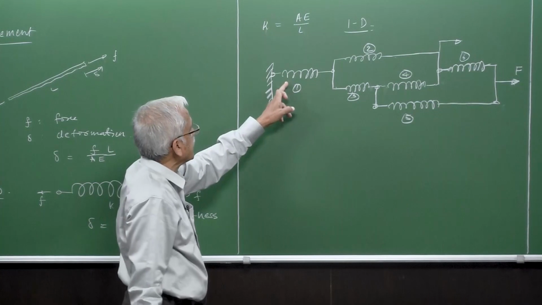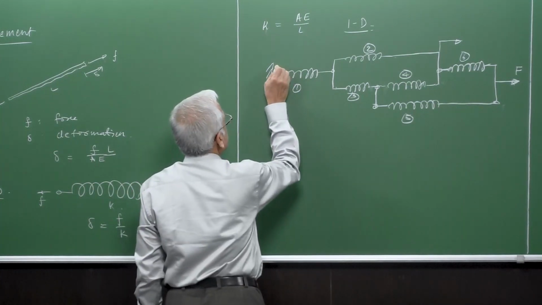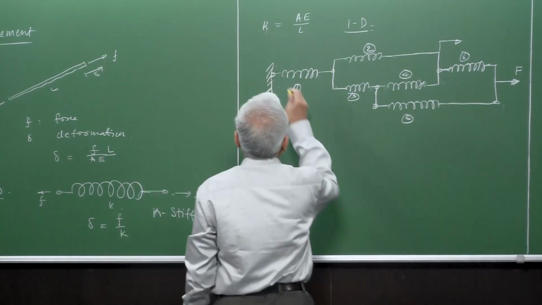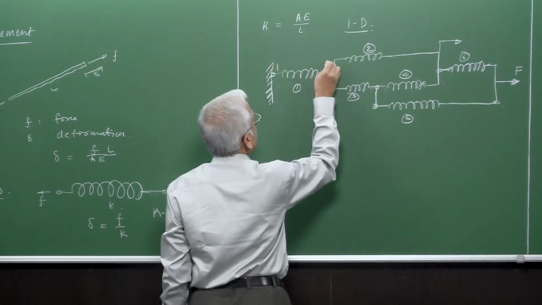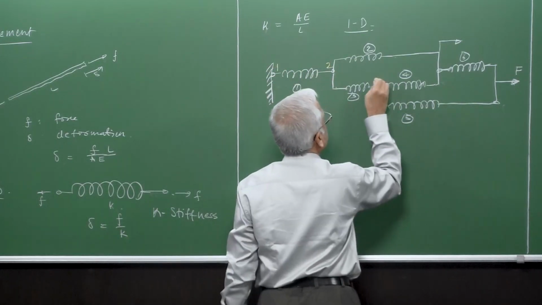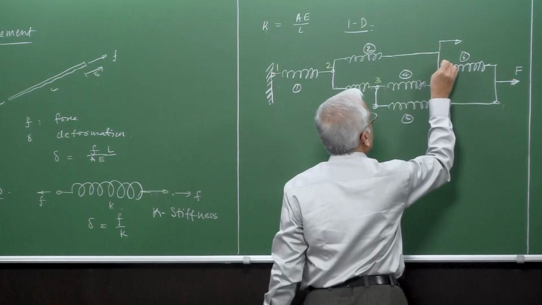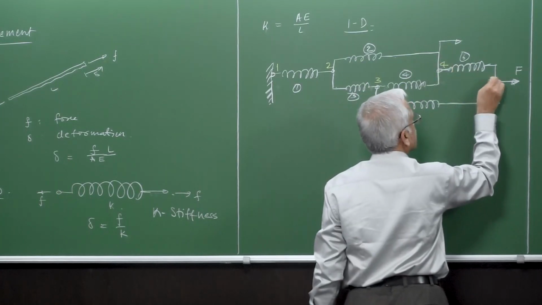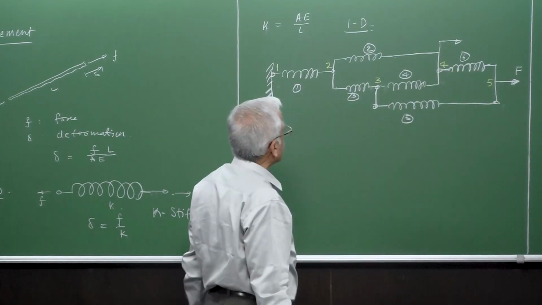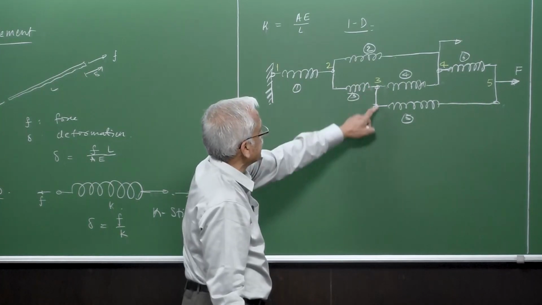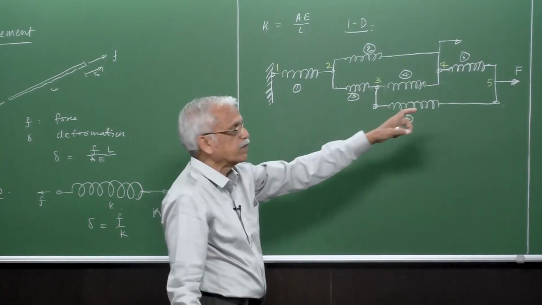So this element has starting here, so let us say here 1, 2, and 3, 4, and 5 here. So we can identify 5 nodes. In fact 3 is the same as this one because it's one-dimensional in nature.